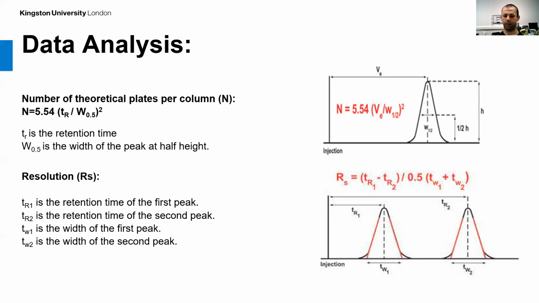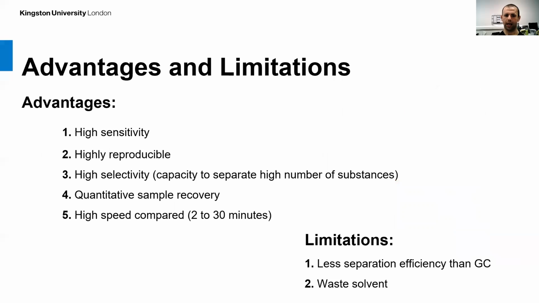In order to determine the resolution between two peaks on an HPLC chromatogram, there is a rule: resolution equals the retention time of the first peak minus the retention time of the second peak, divided by 0.5 times the width of the first peak plus the width of the second peak.